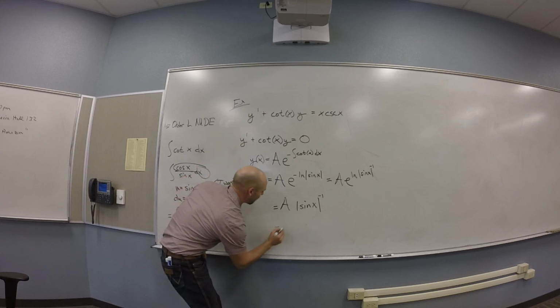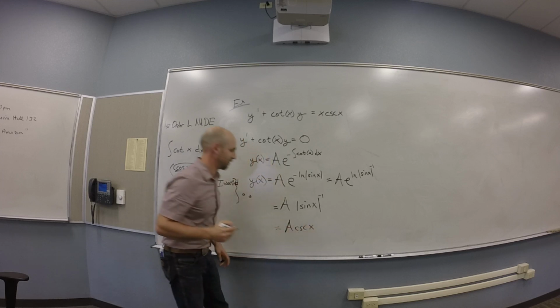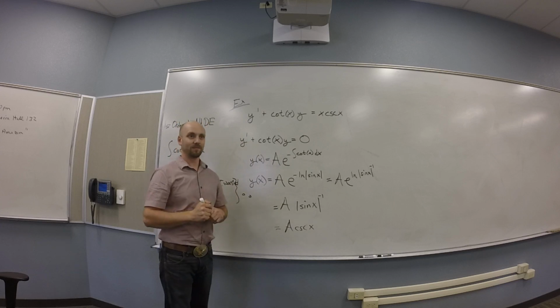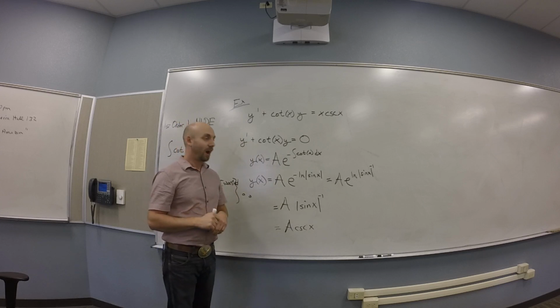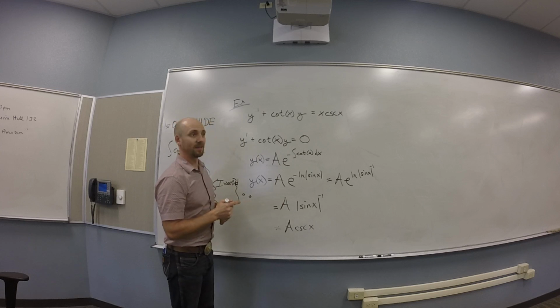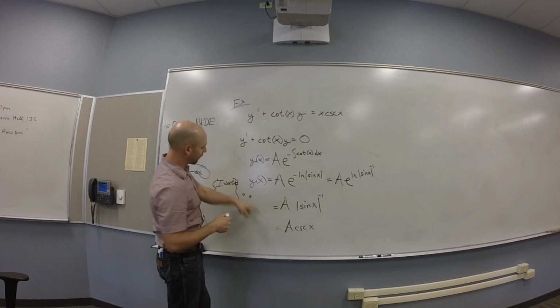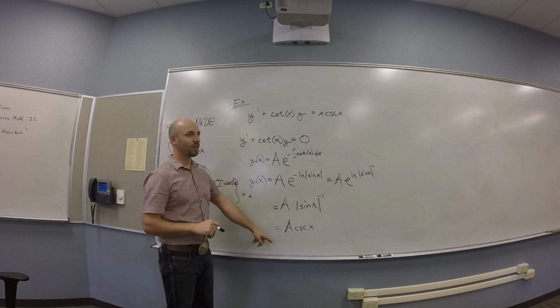Okay, so I got, I think, A cosecant. Cool. All right, now what? Isn't this your y sub h? Good. I really have been solving the homogeneous version all along.